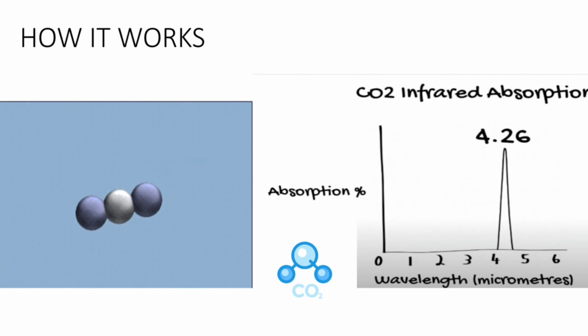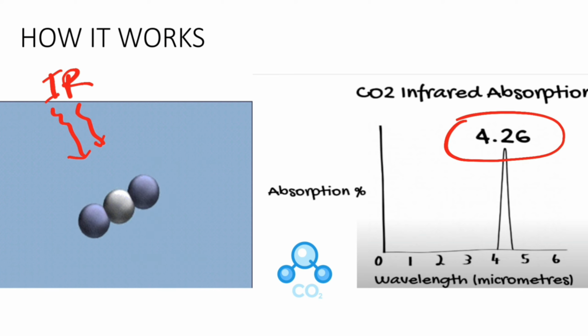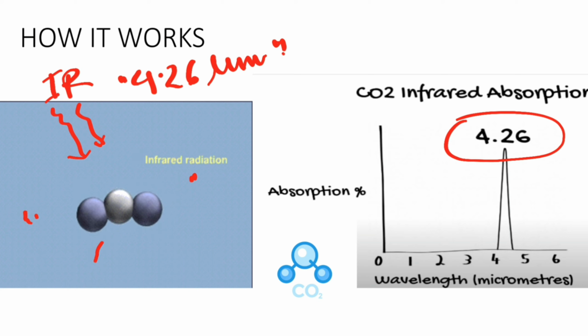So what is the basic principle behind this? The basic principle is, when we pass infrared light to the carbon dioxide molecule, it absorbs a certain wavelength of light, that is 4.26 micrometers, and it vibrates for a time, and then the next moment it emits the infrared radiation again.